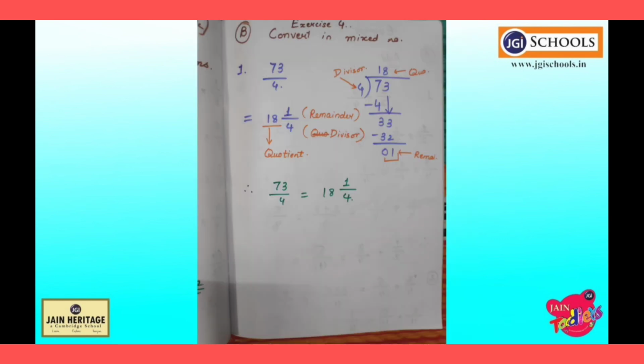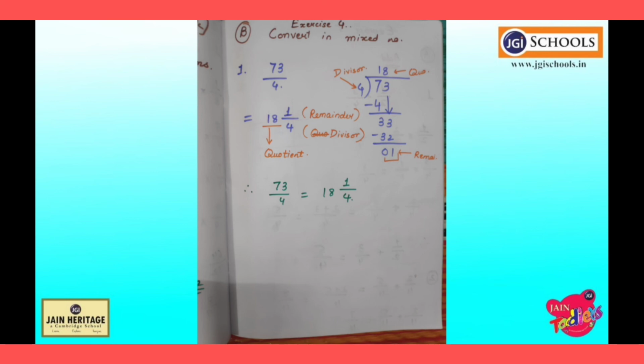Okay. Now you have to convert it into the mixed number. How you will convert it? See, 73 is the number and you have to divide it by 4. What you got there as a quotient? 18. And what is remainder? 1.